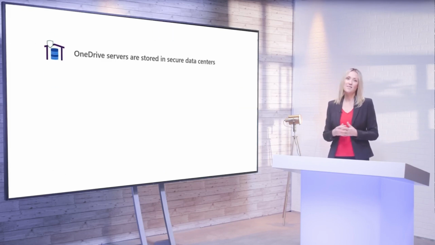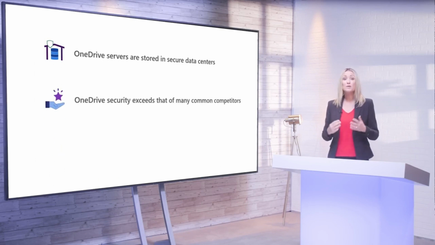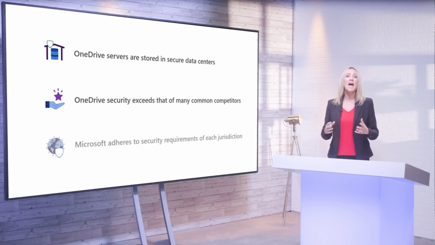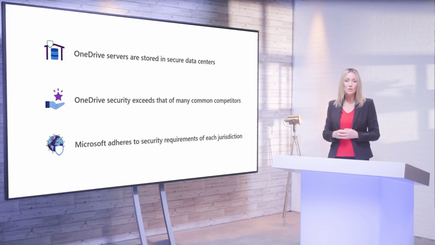And if that wasn't enough, Microsoft's OneDrive servers are also stored in secure, specialized data centers where physical and virtual security is strictly regulated. In fact, for small to medium-sized businesses, Microsoft 365 offers better security than these organizations typically rely on. And in addition to all this, Microsoft also makes sure to implement security measures and protocols in accordance with the legal requirements in different jurisdictions.